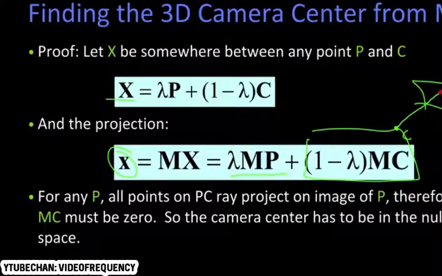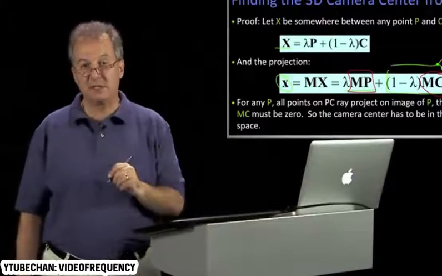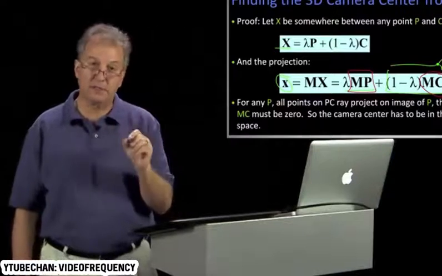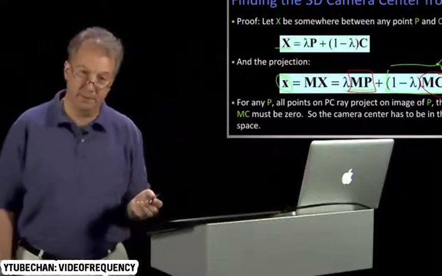Well, if this equation has to be true no matter what lambda is, and it has to land at MP, because lambda might be 1, that means that this value, MC, has to be equal to 0. So if C is the center, MC equals 0. And that's why I said before that the center C can just be found by finding the null space of the projection matrix M. That wasn't too painful.